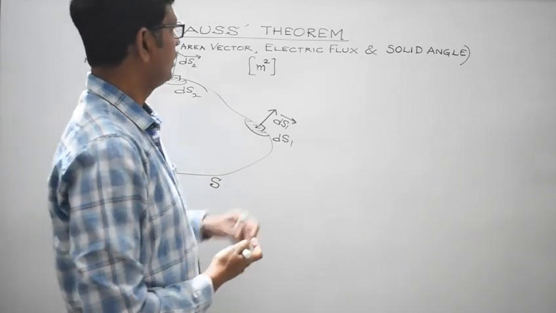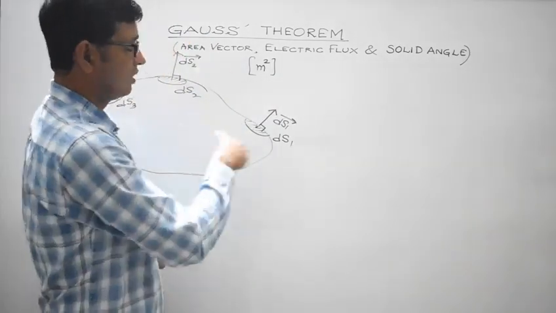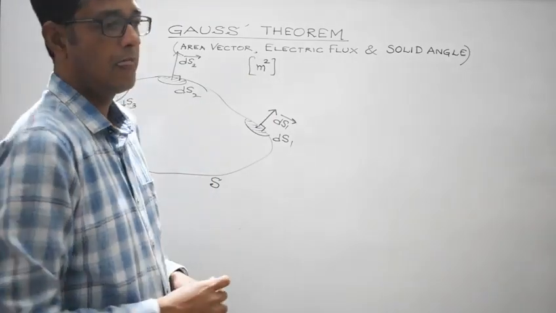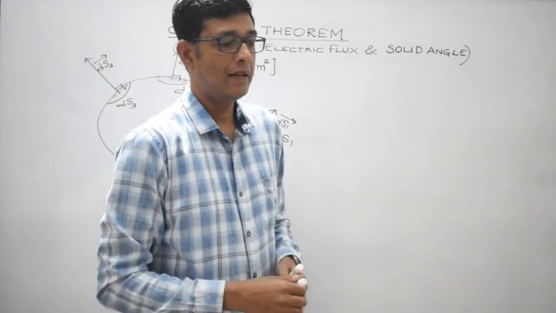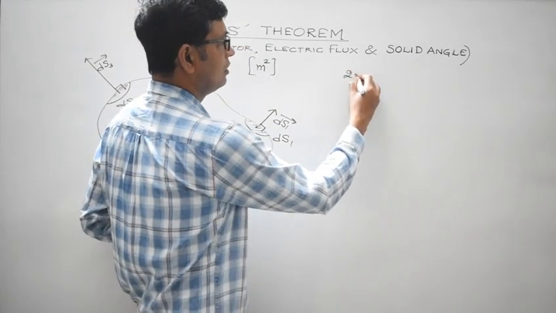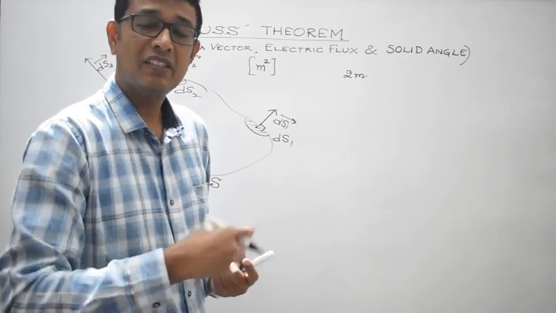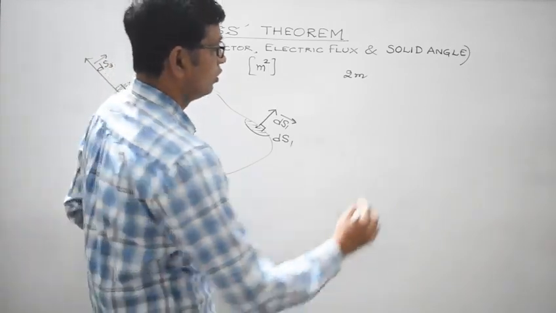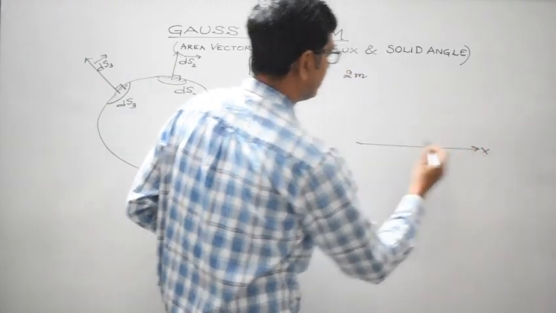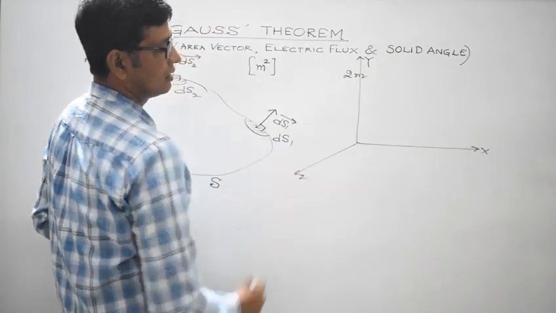Now before we proceed to the other topic, let's discuss a simple illustration of this area vector. Suppose a square face of side say 2 meter is lying on the XY plane. So what will be its area vector? So what we have considered is, this is X axis, this is Y axis and this is Z axis.